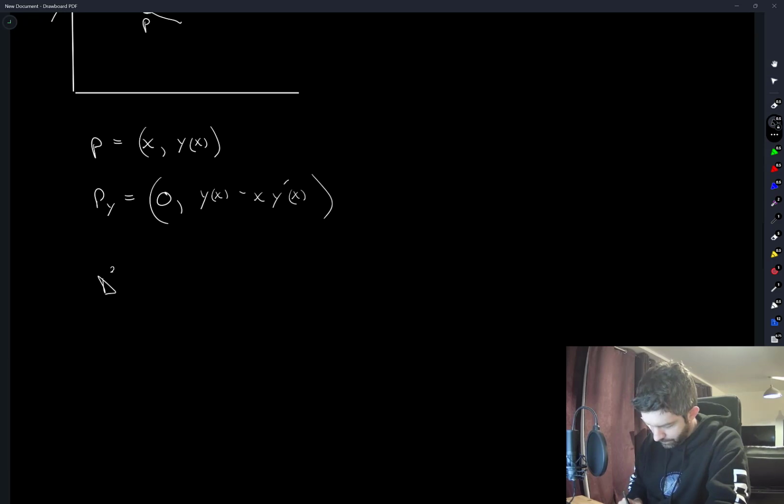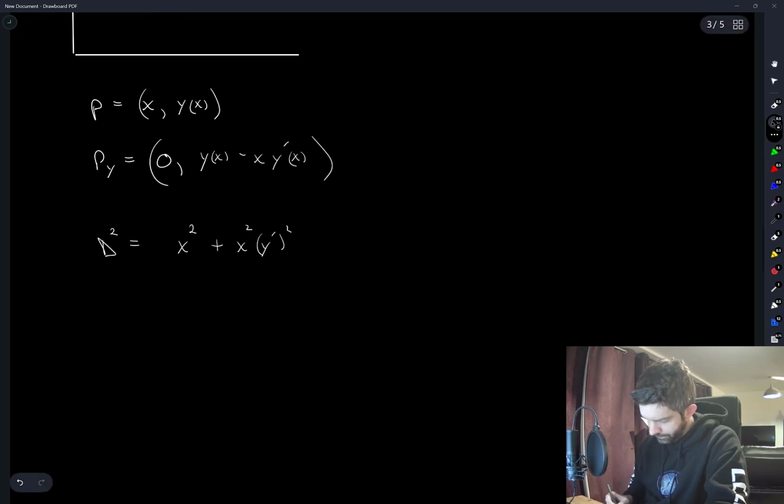D squared is equal to x squared plus x squared y prime squared, and this is always equal to 1.